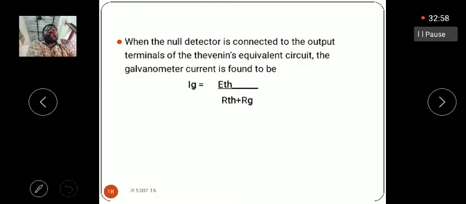When the null detector is connected to the output terminals of the Thevenin's equivalent circuit, the galvanometer current, already explained, is Ig equal to ETH by RTH plus RG.